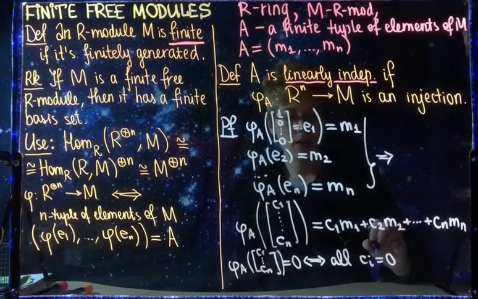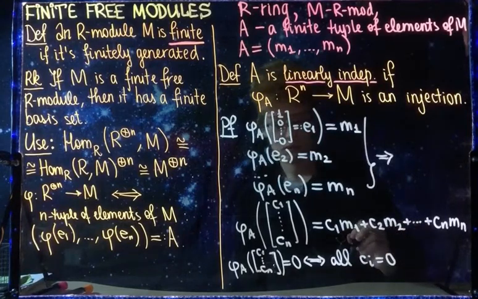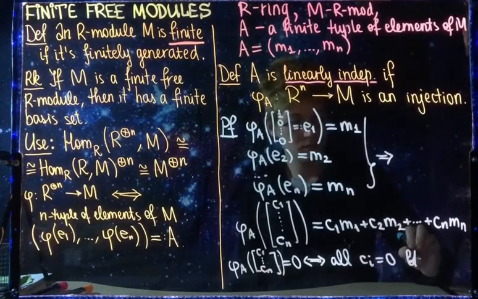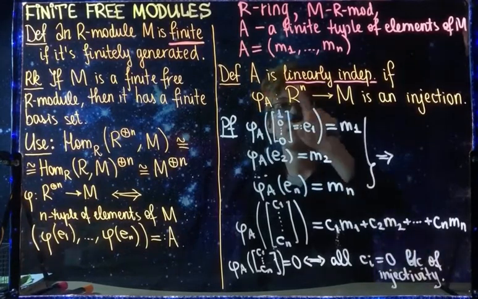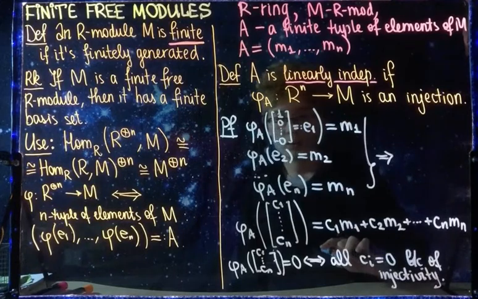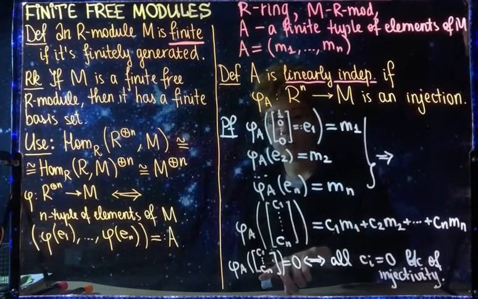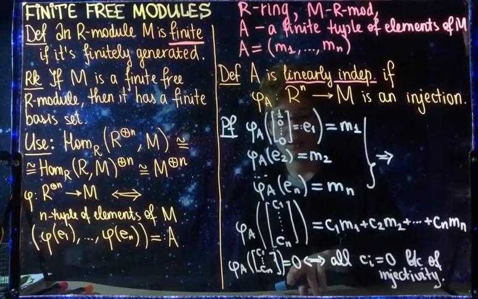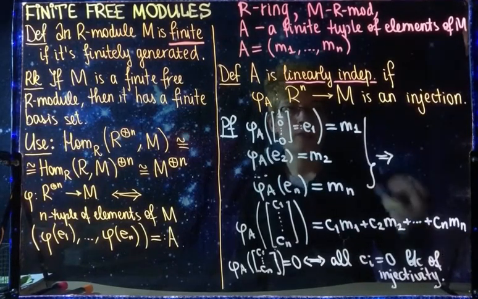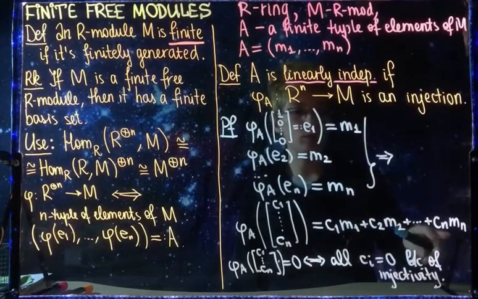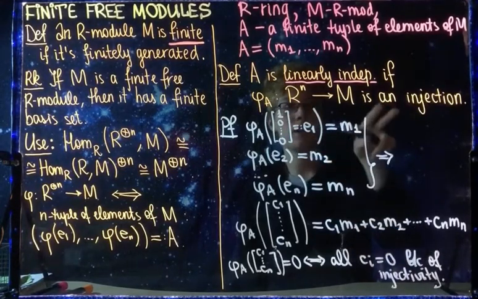And this means that this set is linearly independent. And conversely, if A is linearly independent, then assume that there is some element in the kernel of phi A. Then this linear combination represents 0. And by linear independence, all ci's should be equal to 0. And so phi A is an injection.